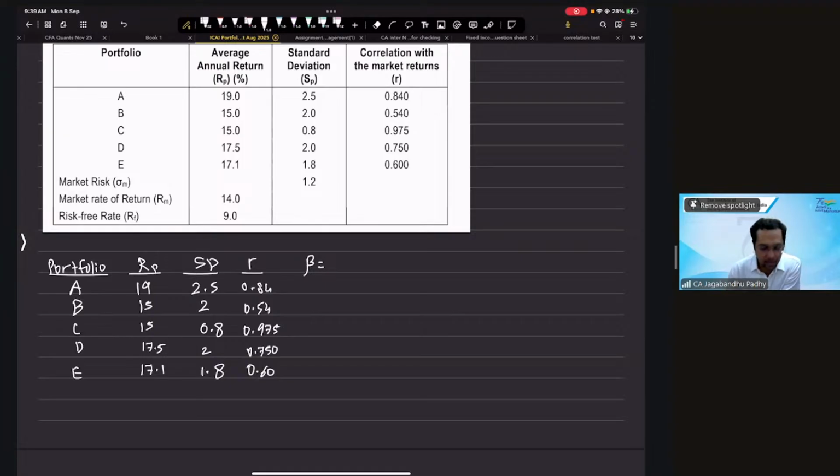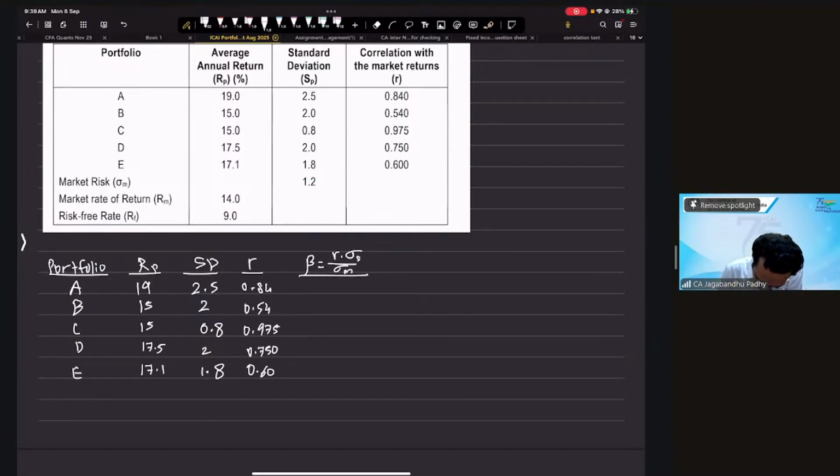Can we get the beta? Yes, we can get the beta, right? Beta is simply going to be correlation into standard deviation of the security upon standard deviation of the market. And we know standard deviation of market is 1.2.